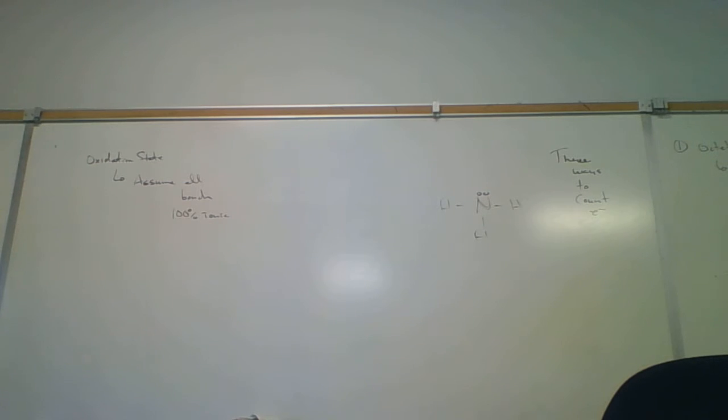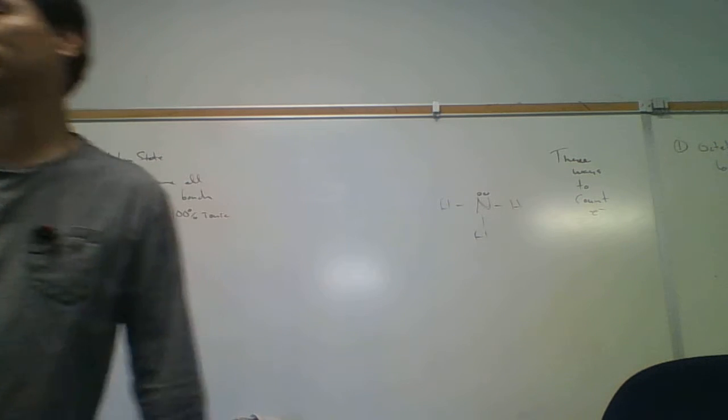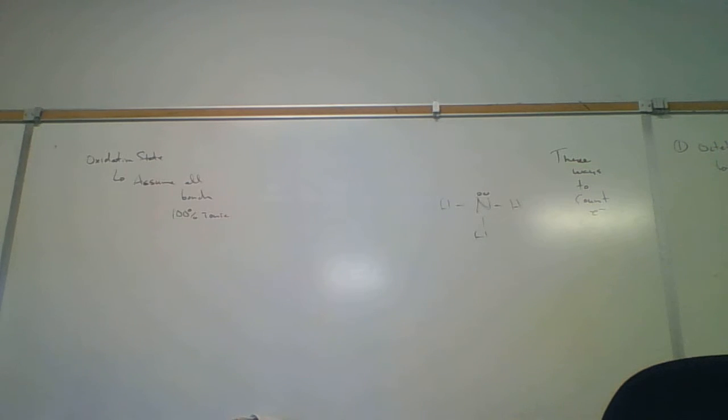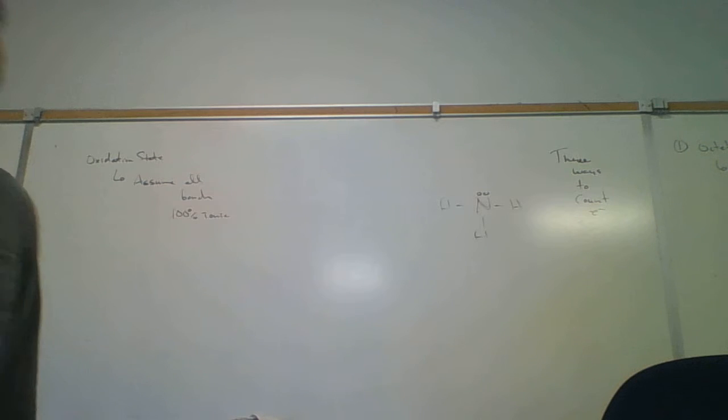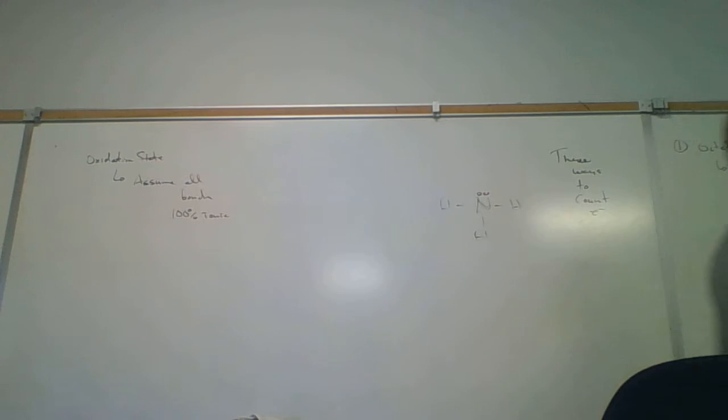So let's take a look at the electronegativity chart again to see what we would classify it as. If we look at nitrogen, nitrogen is more electronegative than hydrogen. Nitrogen's at a 3.0, hydrogen's at a 2.2.